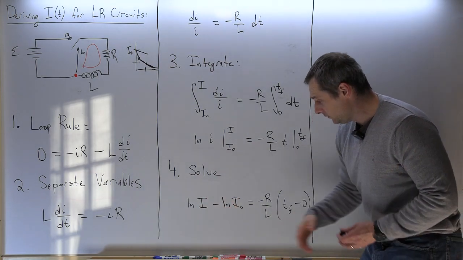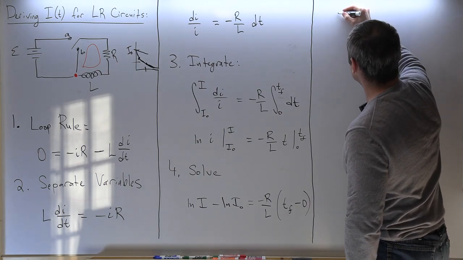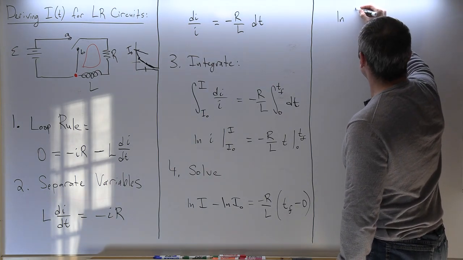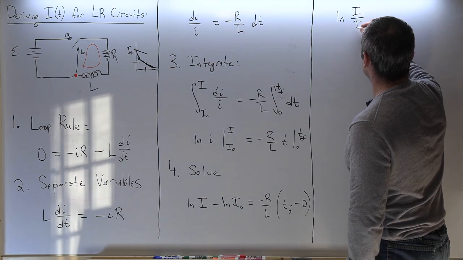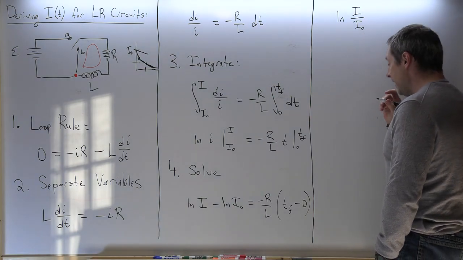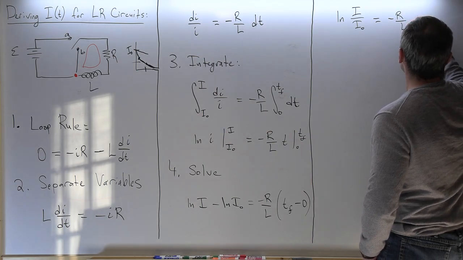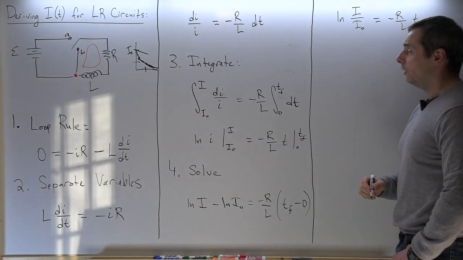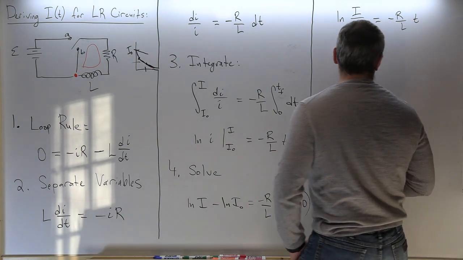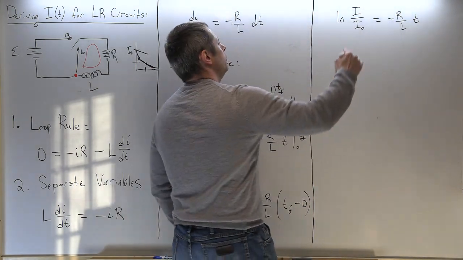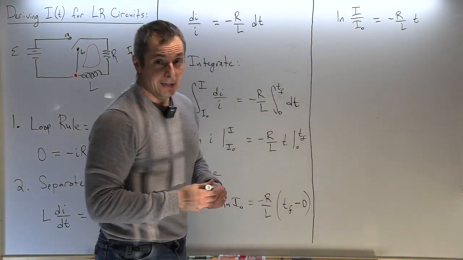So we could combine these two natural logs into one natural log by having I over I0 inside one log. And then, well, this term, once again, I'll drop the t final and just call it minus R over L times t. Again, we're solving for I, so that means we've got to get rid of the log.